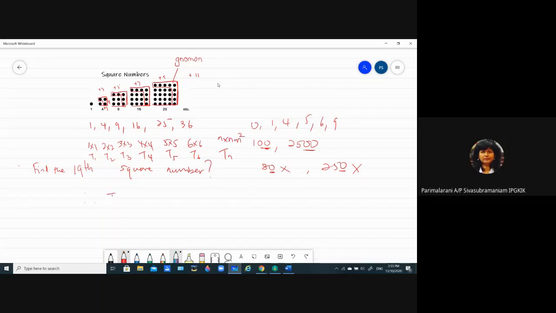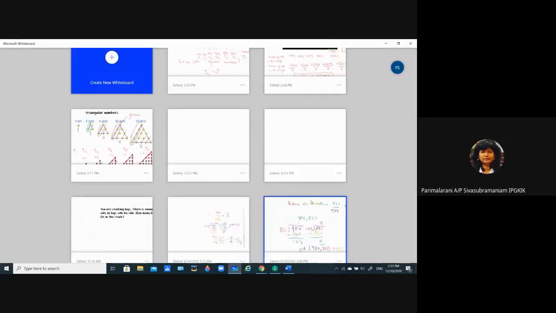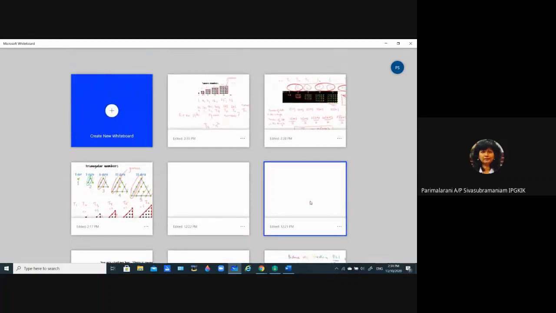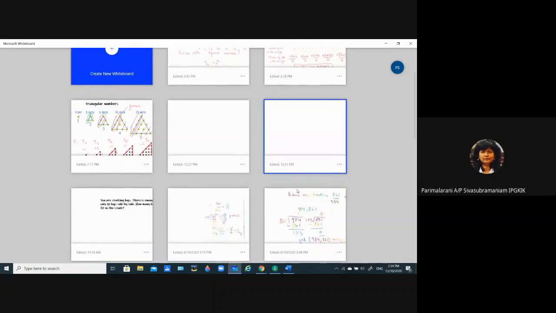So the formula for the nth square number is n squared. If you're finding the 19th square number, it is 19 squared, which is 361. Square number is very direct. You don't have any problem with this, right? So we are going to move on to the last type of numbers, which is the pentagonal number.